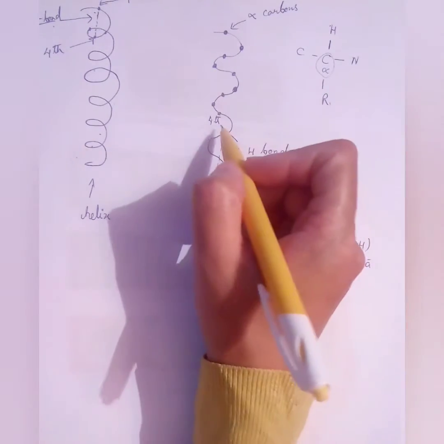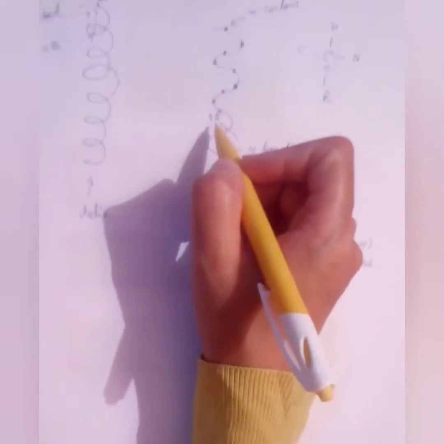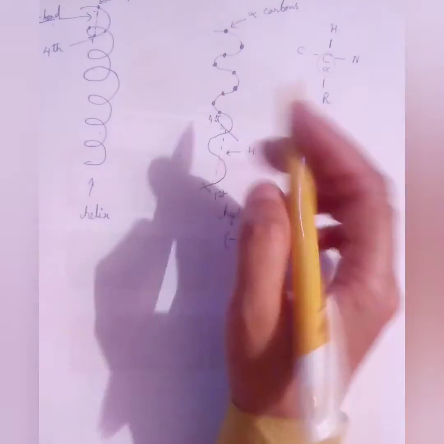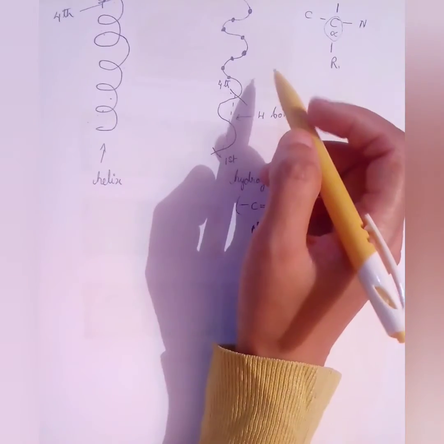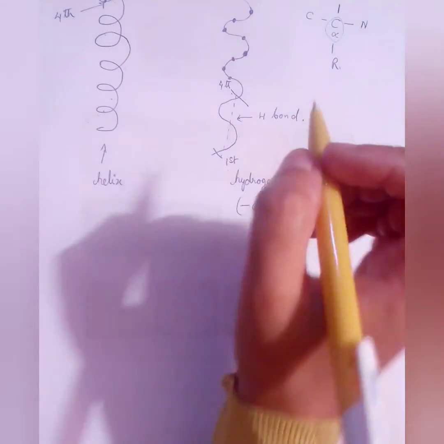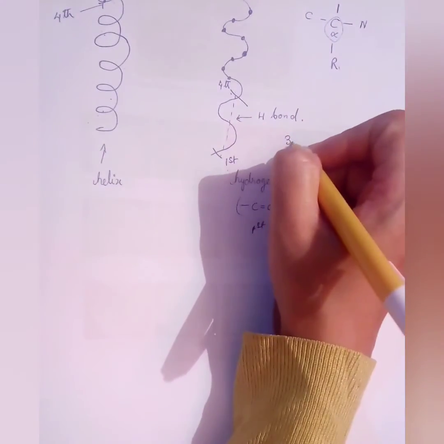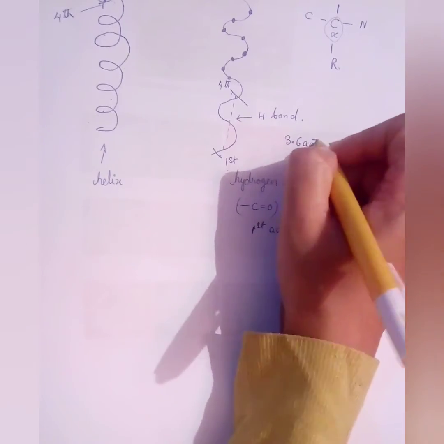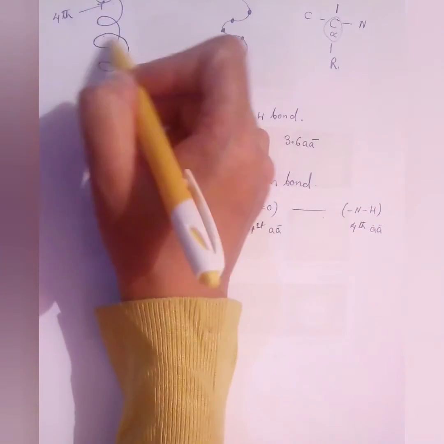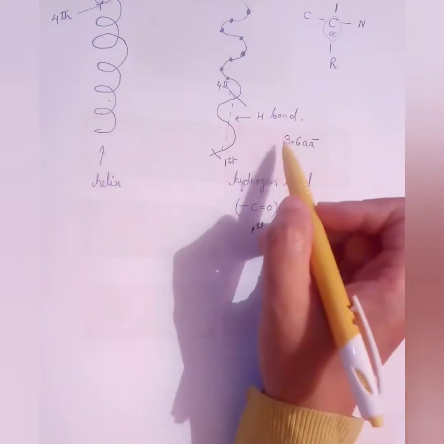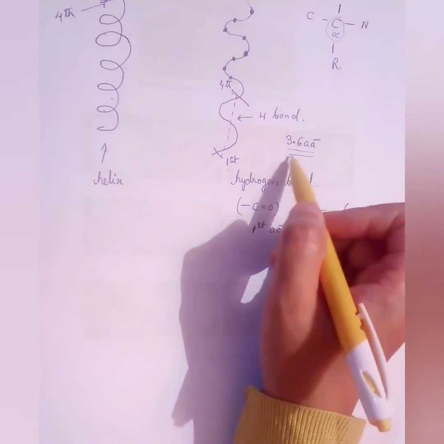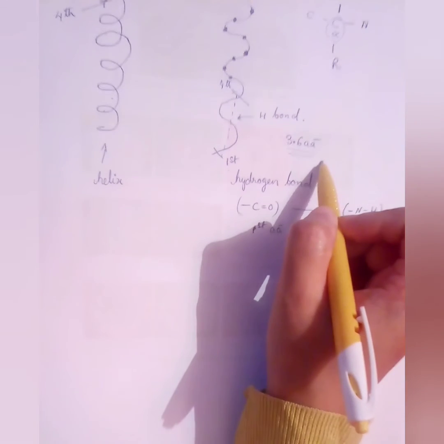In this one turn of the alpha helix, it contains about 3.6 amino acid residues. So one full turn of this alpha helix consists of 3.6 amino acid residues.